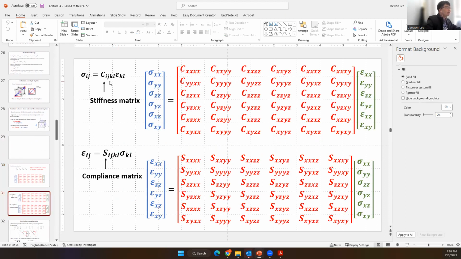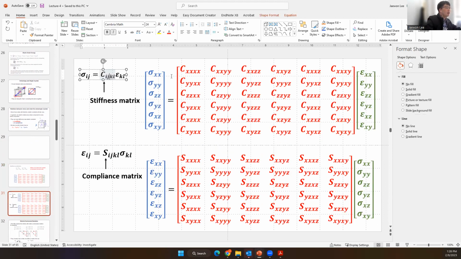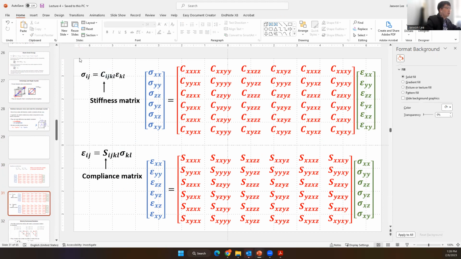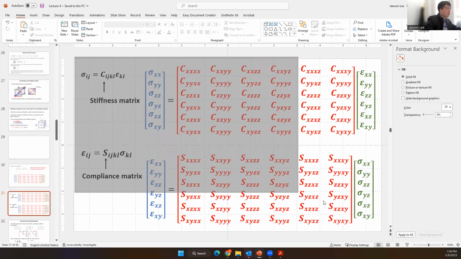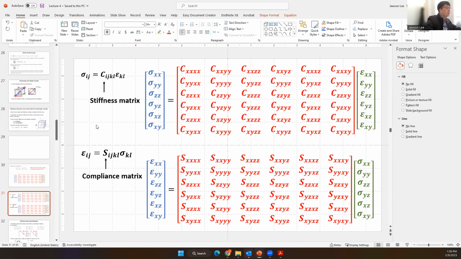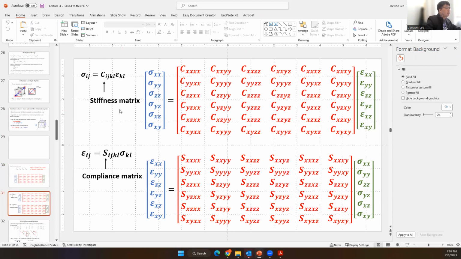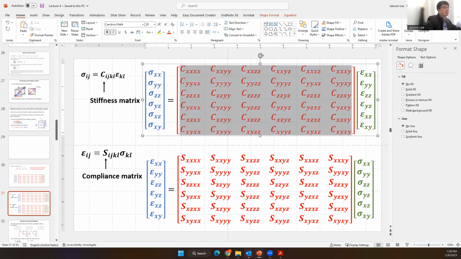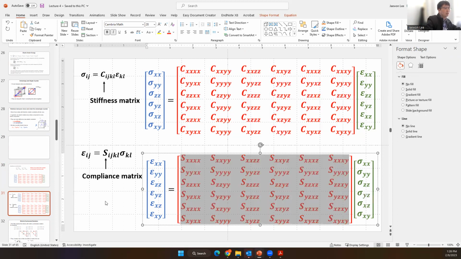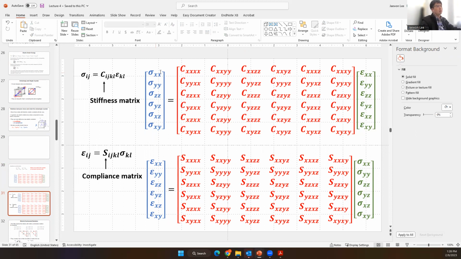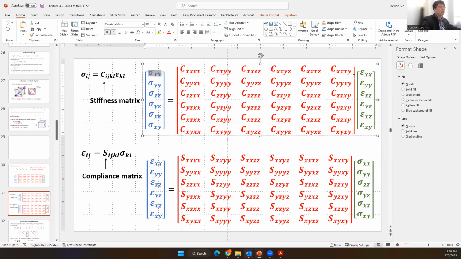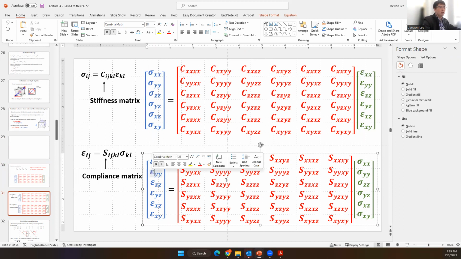Then I would like to summarize the stiffness matrix and compliance matrix. So stiffness matrix could be expressed like that, and compliance matrix could be expressed like this. And then it is making a correlation between stress and strain, and strain and stress.